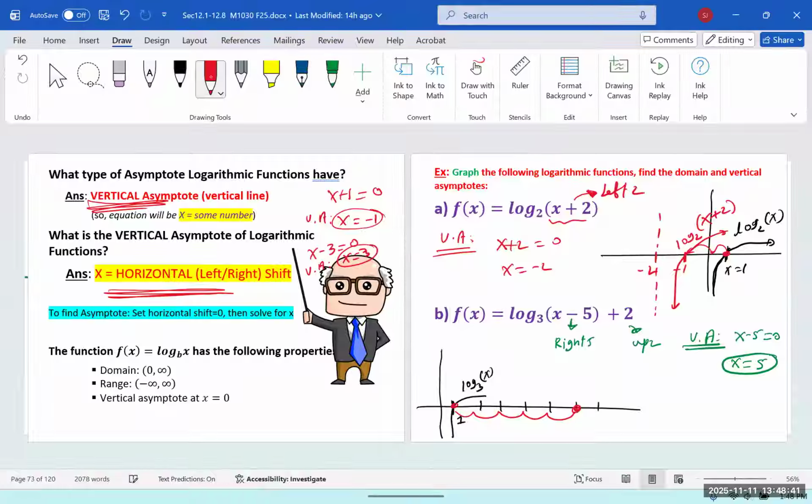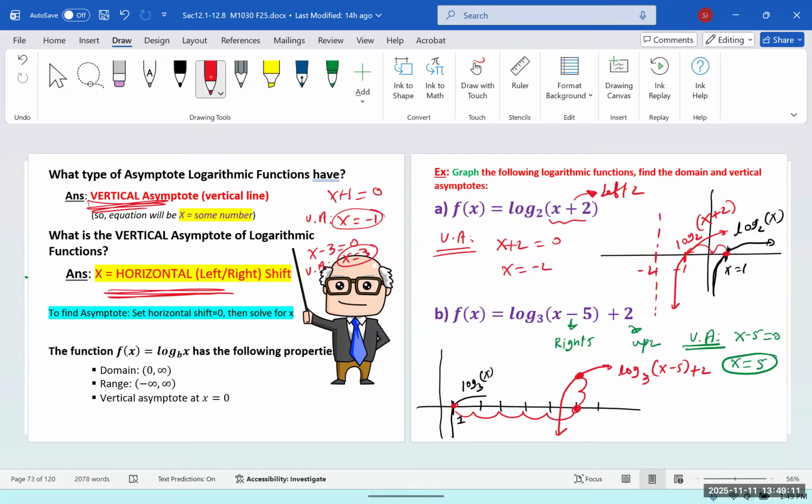You're landing here. And then from here, you go up 1, 2. So from 1 you go 5 right, and then up 2, and you draw the same graph here. Log base 3 of x minus 5, plus 2.